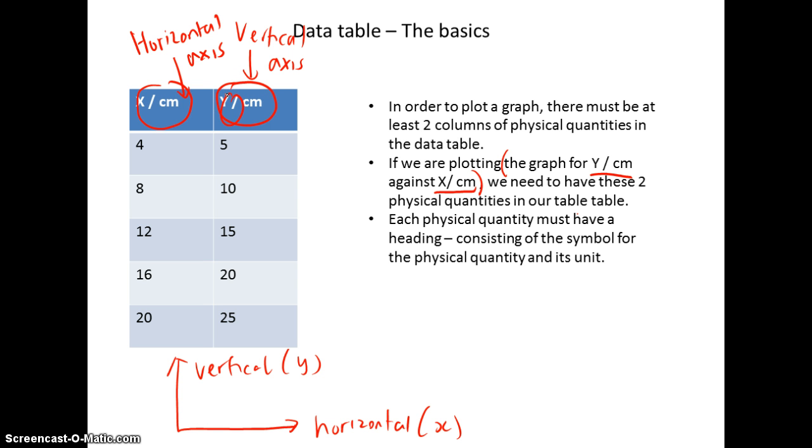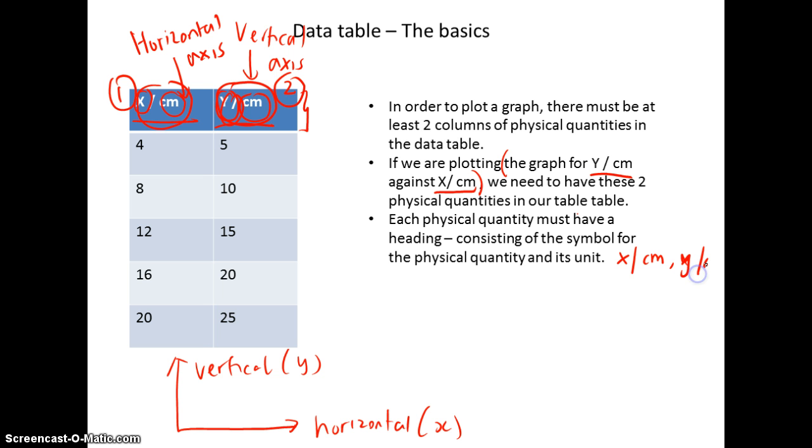And in this dark blue column, you see that these two are the headings, heading number 1 and heading number 2. Each heading must be accompanied by a symbol, which is the x or the y, and its unit, which is the cm. It's separated by the slash.